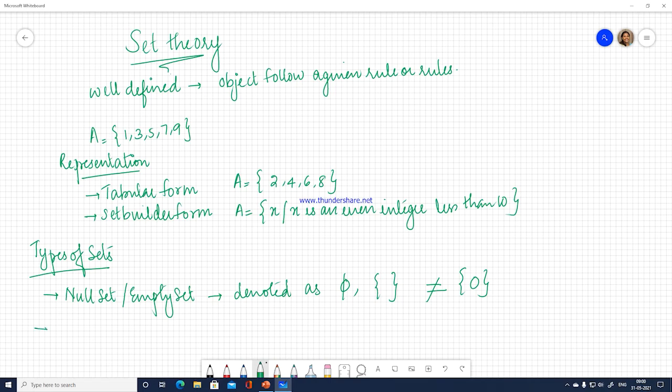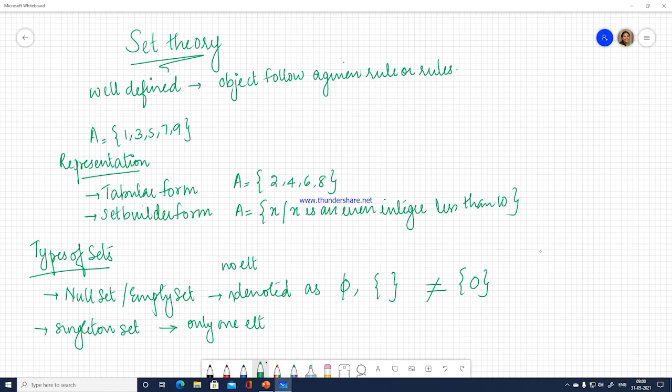Now let's see what is a singleton set. Singleton set means a set containing only one element, whereas the null set is a set containing no elements. A set containing only one element is called a singleton set.